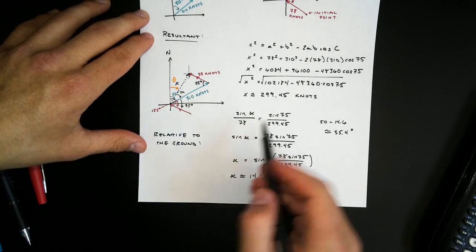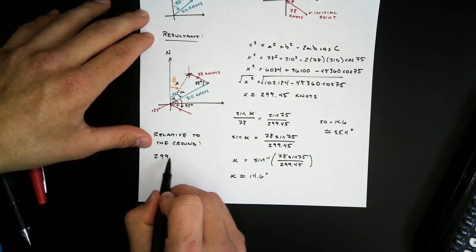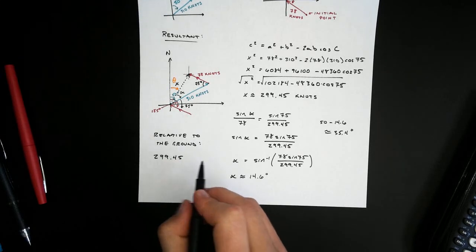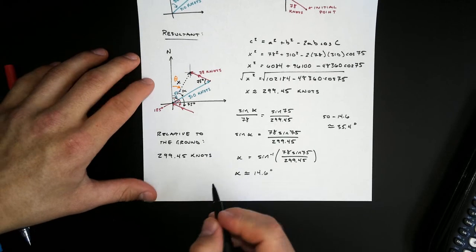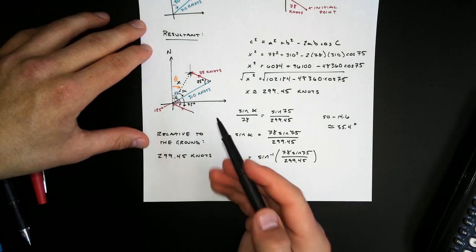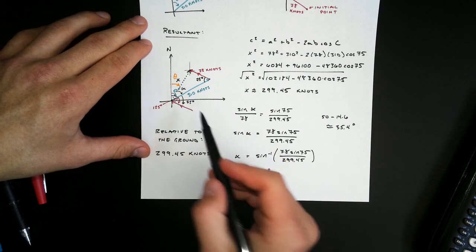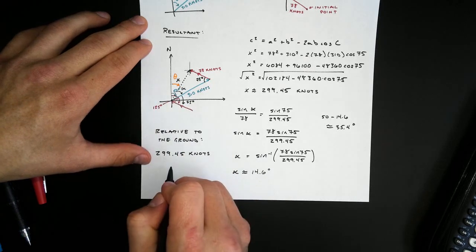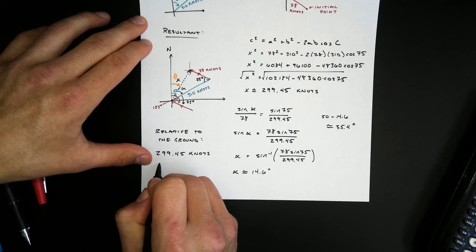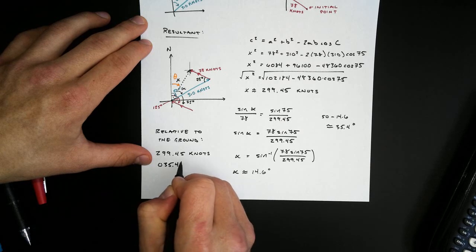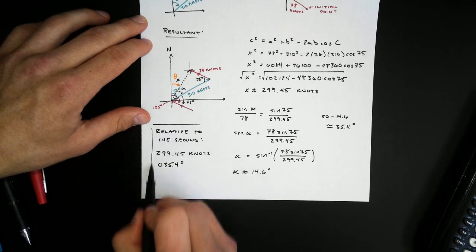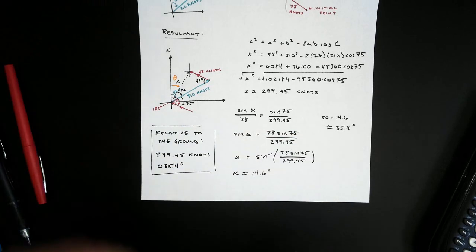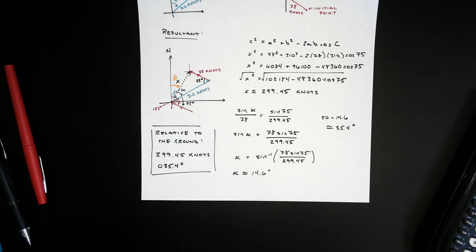It actually looks like it's slowing it down a little bit, so it's flying at about 299.45 knots, and it's changing the direction a little bit. It's changing its course. So instead of flying at 50 degrees, and let's represent this as a true bearing again, we'll do 035.4 degrees. There we go. So representing each of these with vectors, and then using some of our trig knowledge, we can find the actual speed and actual direction of our plane.